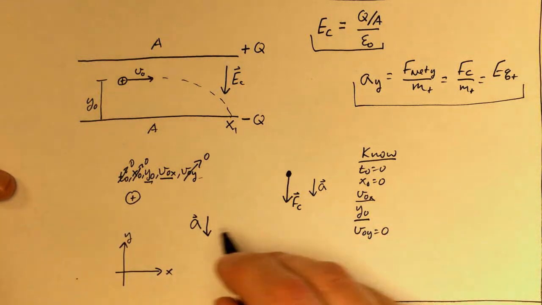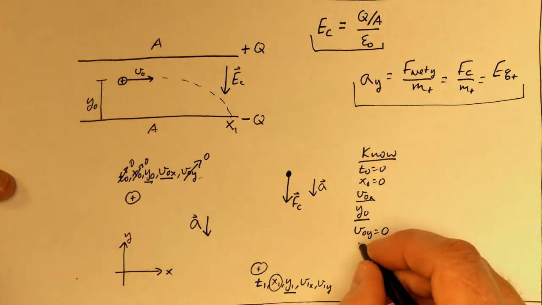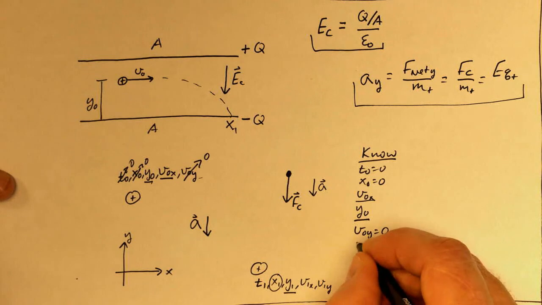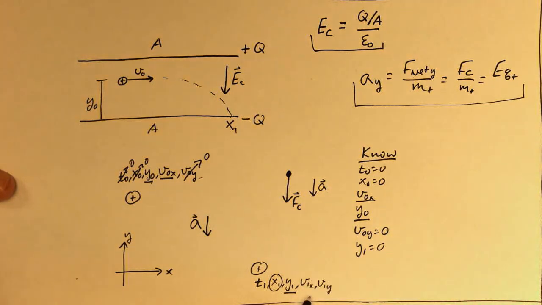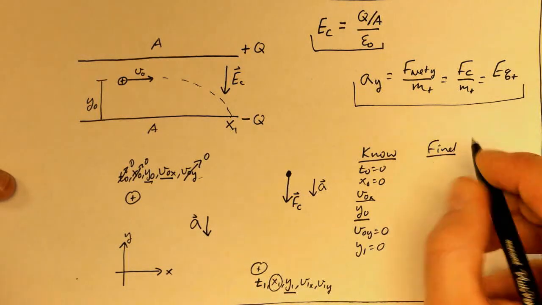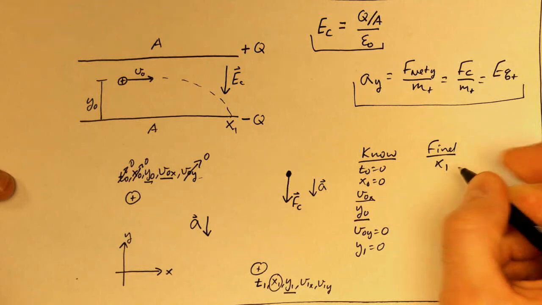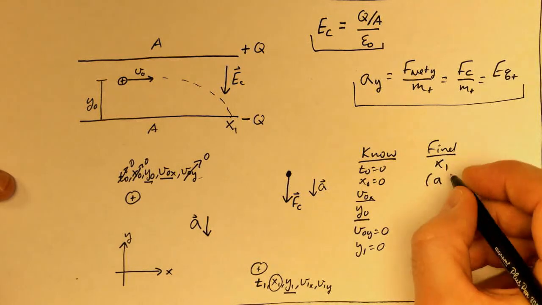My ay I can find from this information over here. What is my y1? I know that's 0. I don't know my velocities, it's still moving right before it hits. But what am I trying to find? I'm trying to find x1. In order to do that, I need to find ay.